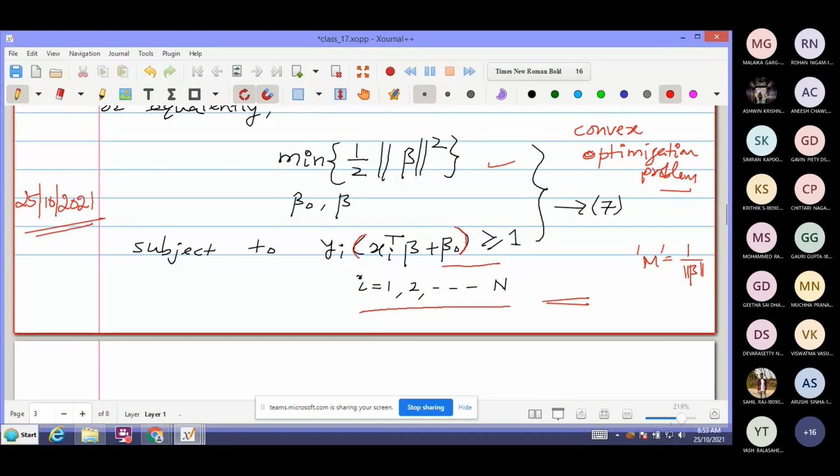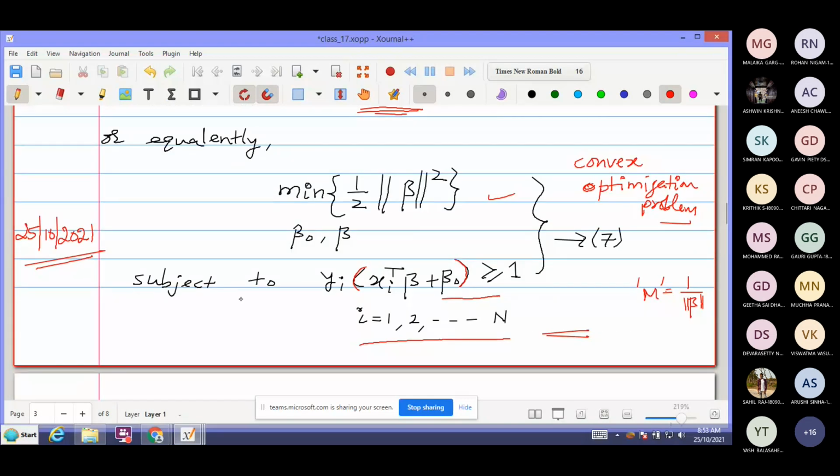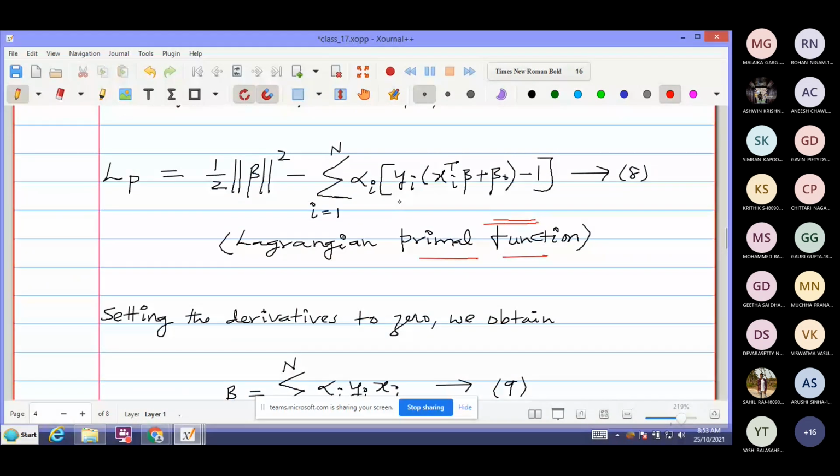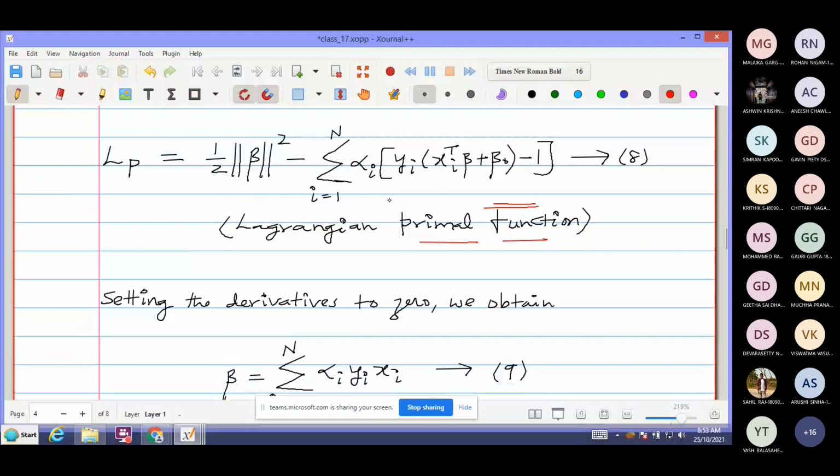That's the same term. But in order to combine this criteria, or rather constraint, with the objective function, that is minimization of the norm 2, what we do in the primal is combine them, and the coefficients alphas are used.